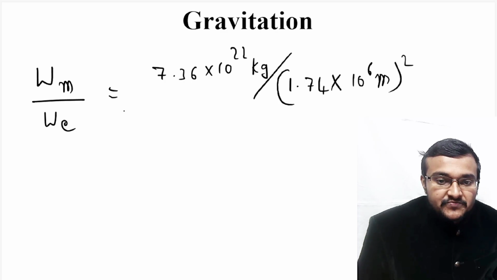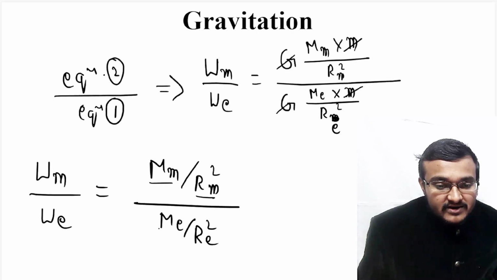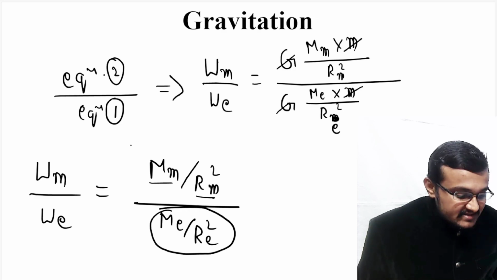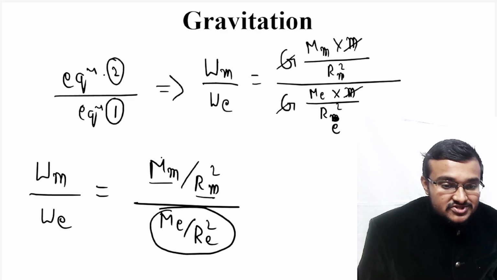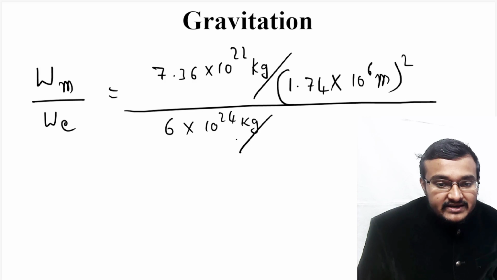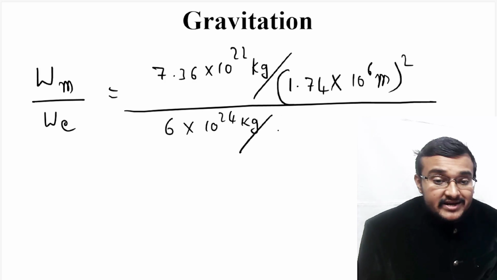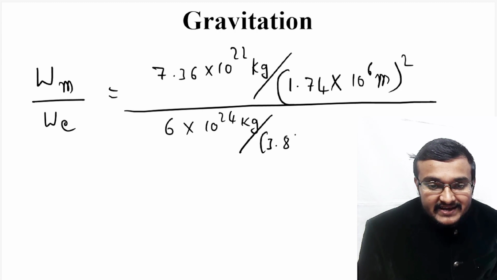The whole divided by the mass of Earth divided by the radius of Earth squared. The mass of Earth is given as 6 into 10 power 24 kg, divided by the radius of Earth, given as 3.84 into 10 power 8 meter, whole squared.